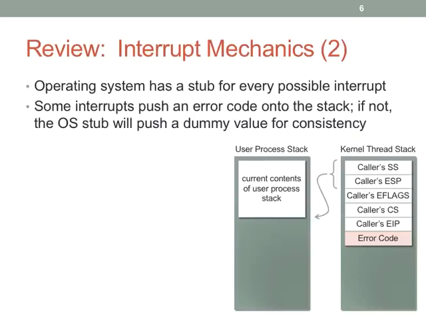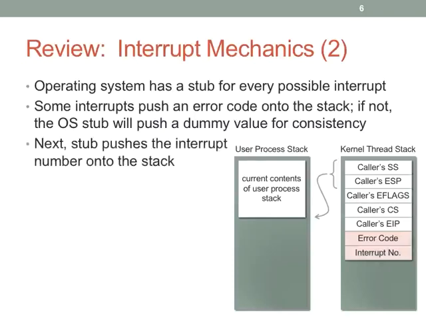That kind of detail will be in the error code. And just to make everything consistent, operating systems typically will push a dummy value if it's an interrupt or a trap that doesn't have an error code. So from the perspective of our trap handling, we'll have a dummy error code. We don't even look at it. We don't care. It's just going to be some value picked by the operating system.